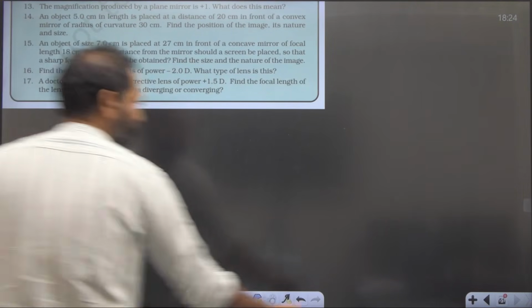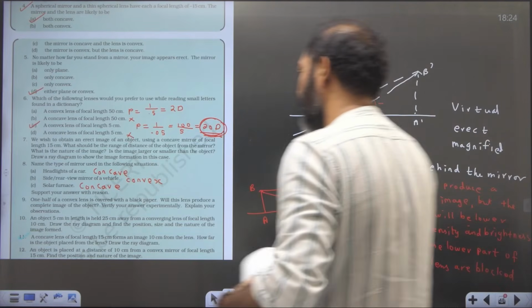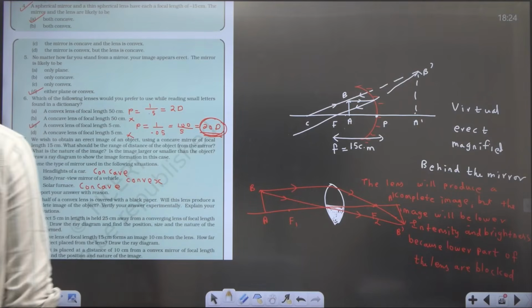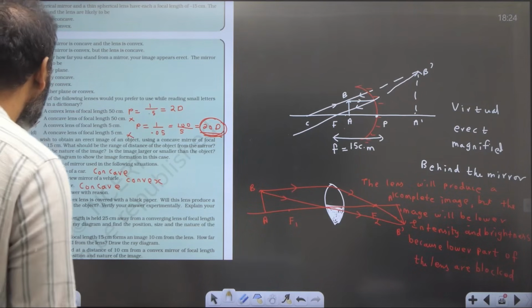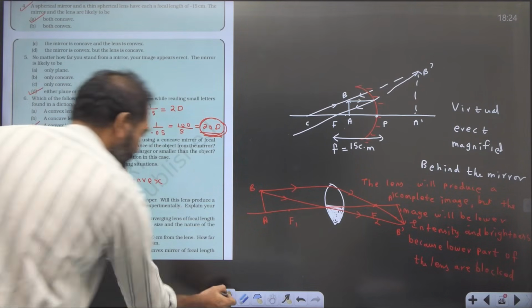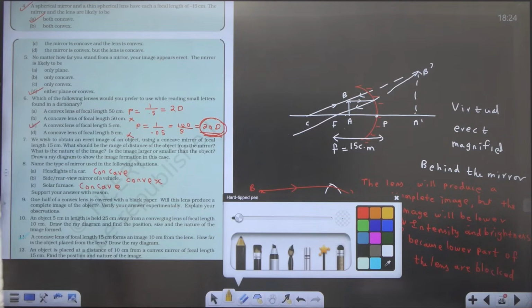Then I think there was one more question. An object is placed at a distance of 10 centimeter from a convex mirror of focal length 15 centimeter. Find the position and nature of the image. I think we can do it here itself. The object is 10 centimeter from a convex mirror.